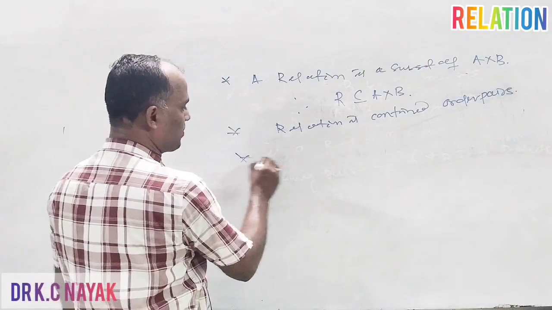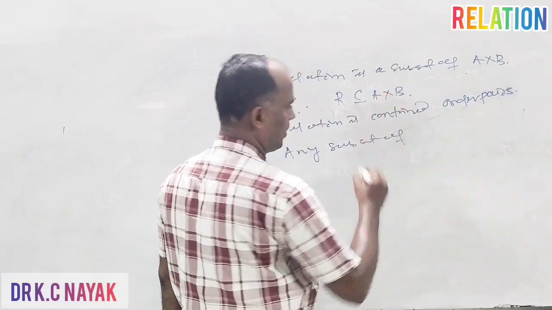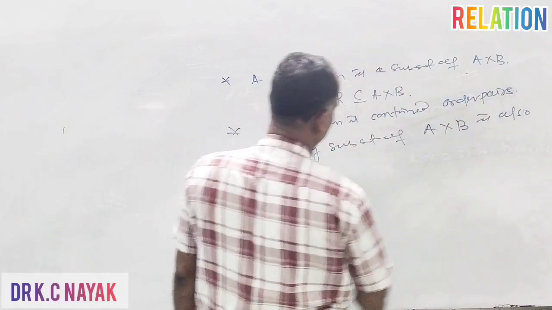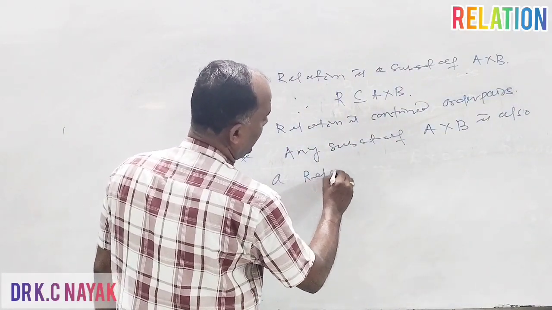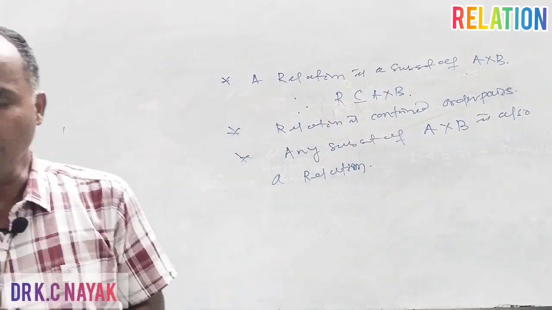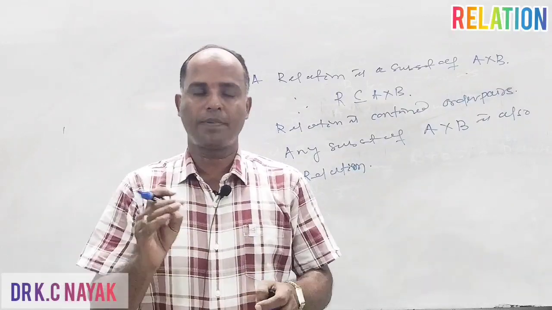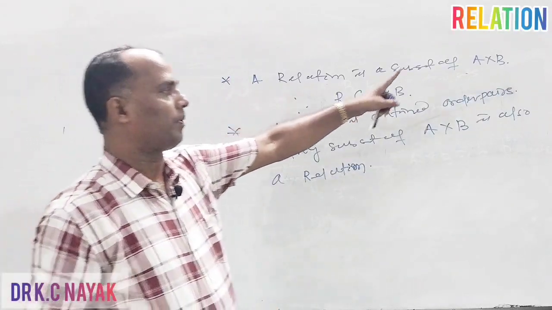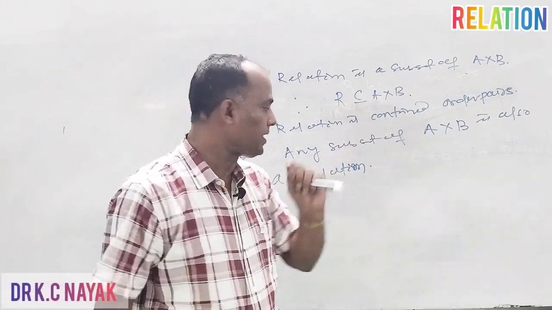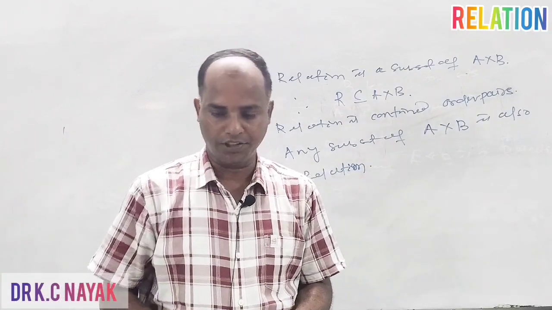Or any subset of A cross B is also a relation. So we personally feel that a relation is basically a subset of A cross B, or a relation always contains ordered pairs, or any subset of A cross B is also a relation.